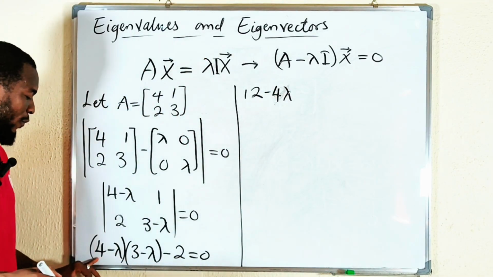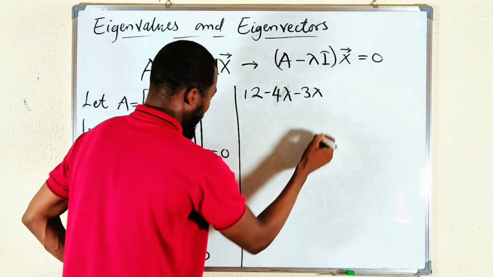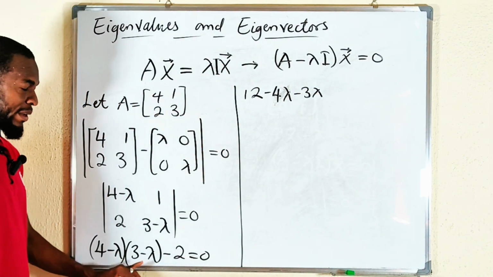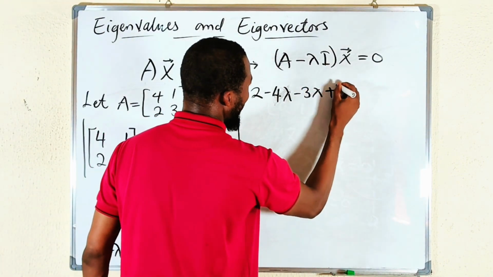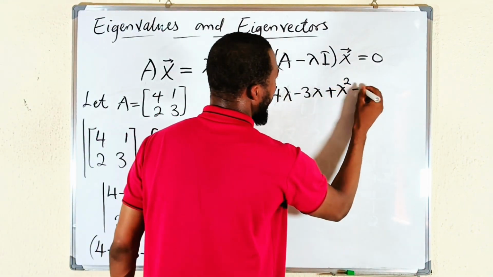We are done with 4. Then minus lambda times 3 is minus 3 lambda. Then minus lambda times minus lambda is plus lambda squared. Then we still have minus 2.